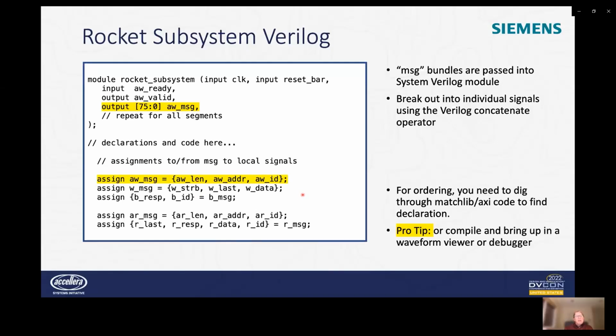Now, one of the challenges and sort of the quirky bit here that you might need a little bit of help with is that the order and size of all of these fields is going to come from that configuration structure that we defined in SystemC at the beginning of this talk. And so what you need to do is go back and dig through the MatchLib AXI code and find the declaration for the various fields.